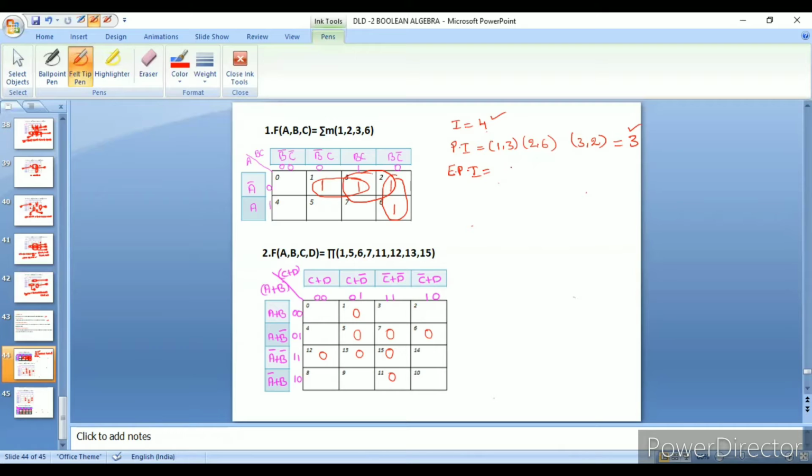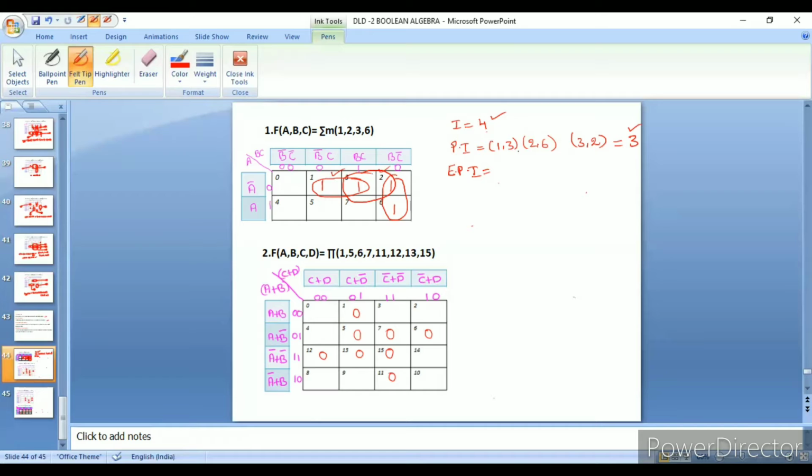Essential prime implicant means that particular minterm is grouped only one time. For example, in 1 and 3, this 1 is grouped only one time, but 3 is covered in 1 and 3 and 2 and 3 also.